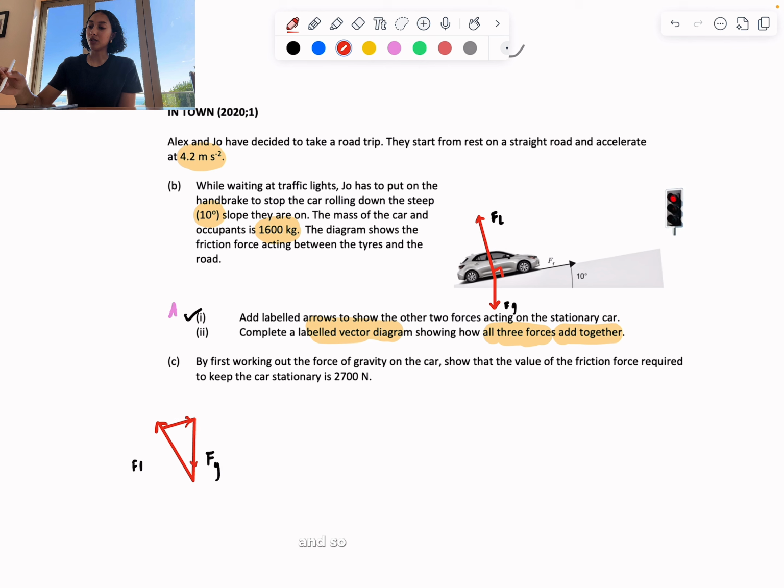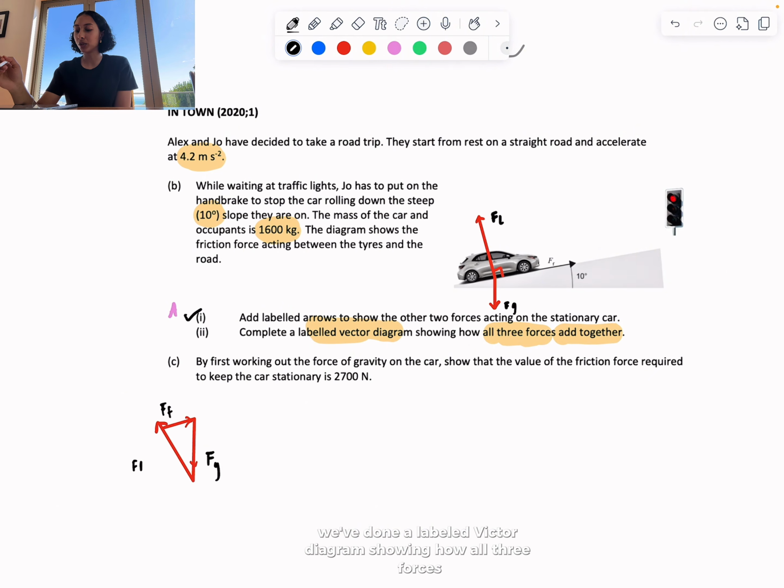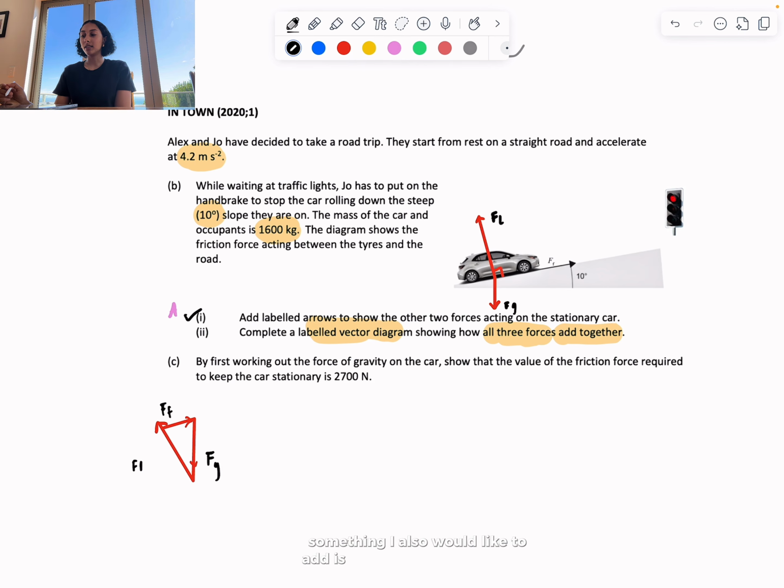I've just added its head to the previous tail, which is FG, and this is my friction force. Okay, cool. We've done a labeled vector diagram showing how all three forces act together. Something I also would like to add is that 10-degree angle, which is shown in our diagram.